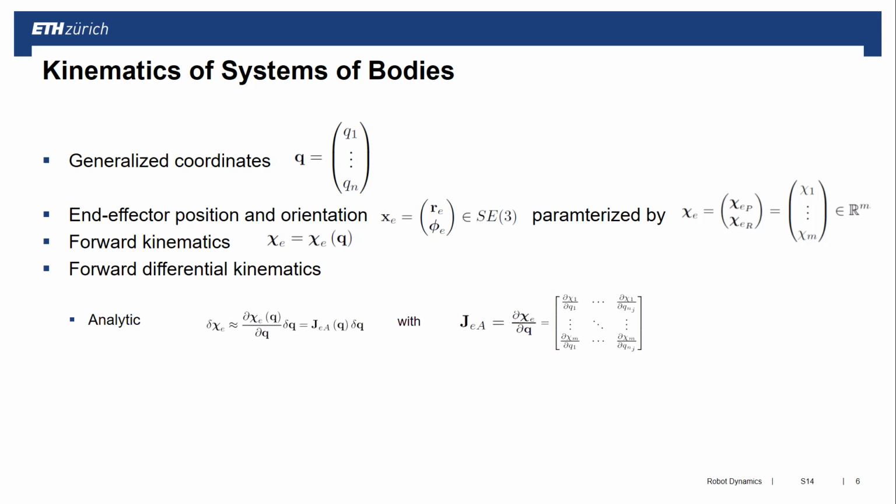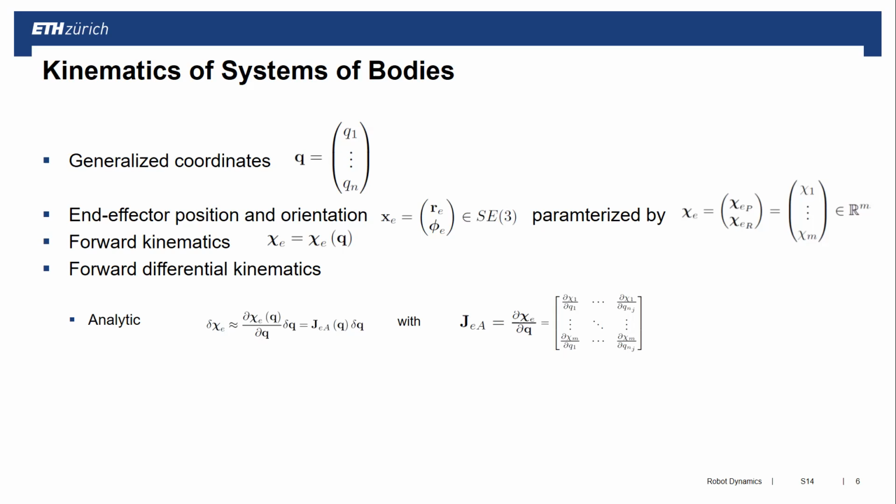We looked at the relationship between forward kinematics and its time differentiation. So the forward differential kinematics. First thing is that we did this in a pure analytical way. If I have a function of Q, and I want to look at how the deltas in Chi are related to the deltas in Q, what I do is a partial differentiation.